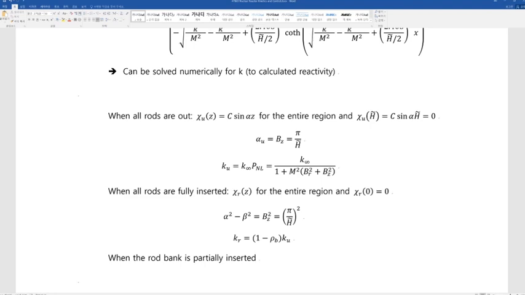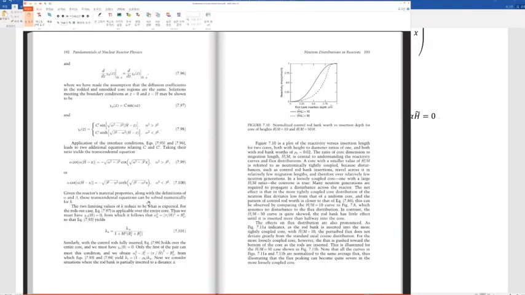So let's see. First, our textbook. What we can see in figure 7.10 is the normalized control bank worth versus insertion depth for cores of different heights.